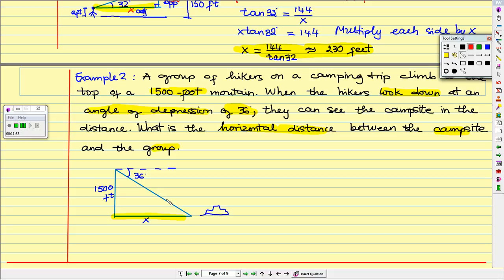By the theorem that when two parallel lines are intersected by a third line, the interior angles must be equal, if this angle is 36 degrees, then this angle is also 36 degrees.